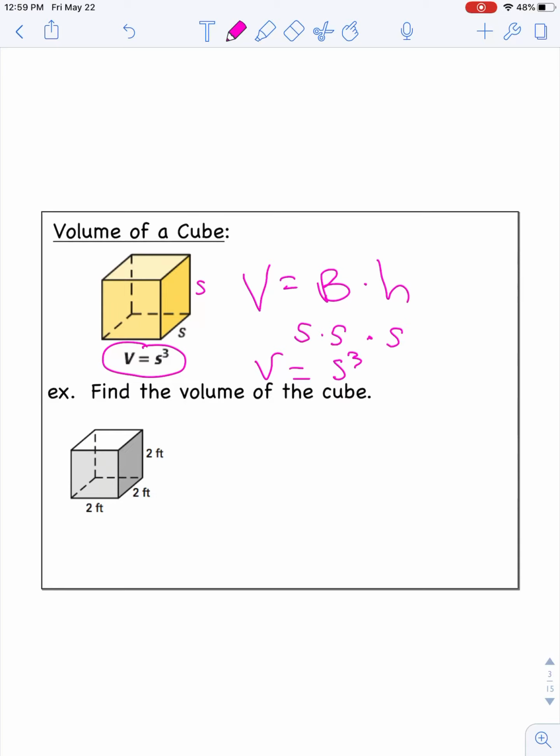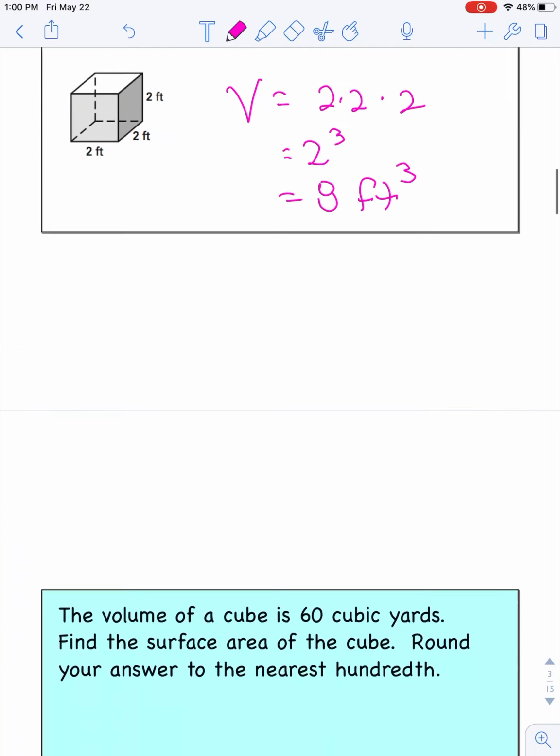You usually don't need that specialized formula unless you're given the volume and you want to work backwards to find the side length. So if we look at the volume of this cube, we take the area of the base, 2 times 2, times the height, 2, or 2 cubed, which is 8 feet cubed.